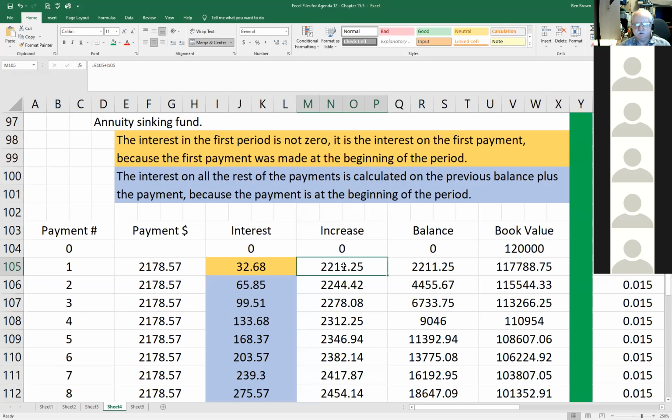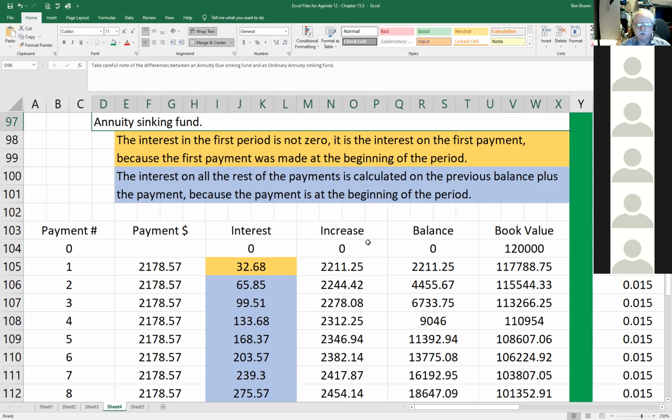This is the increase in the fund where we've added these two. This is the balance of the fund where we're adding the previous balance to the increase. And then this is the book value where we're taking this increase away from the book value. So we're working down this column and up this column.